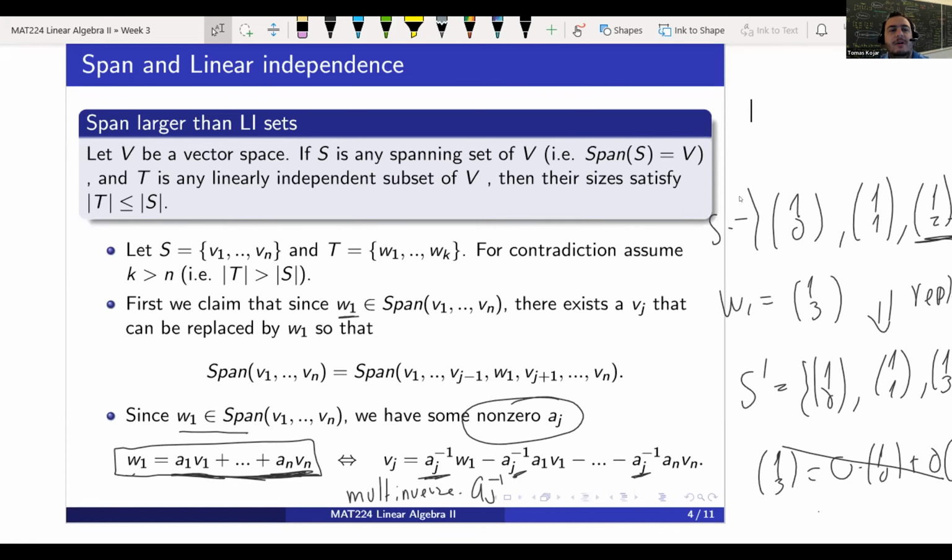So today we'll talk about basis. First, we need a result that I have to finish proving.